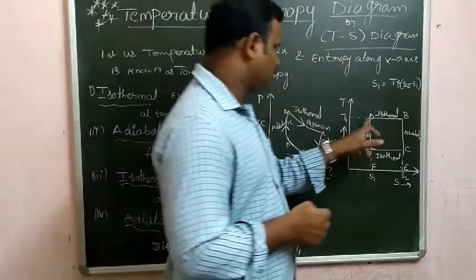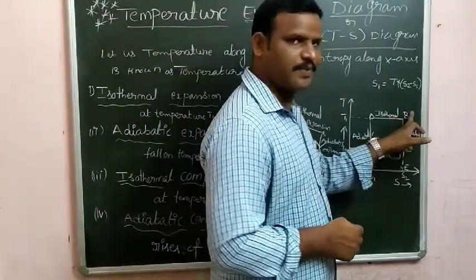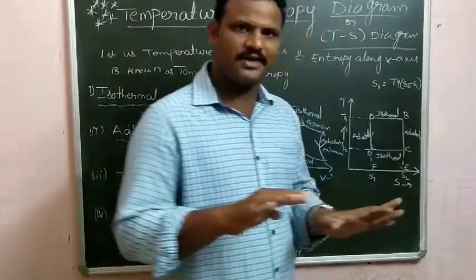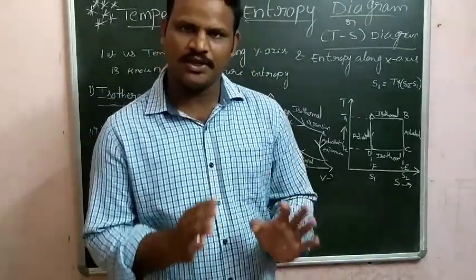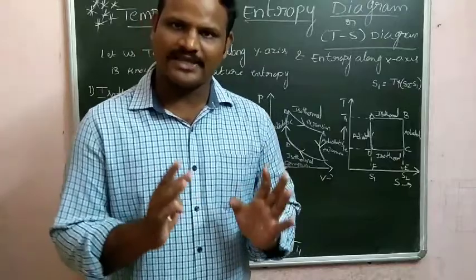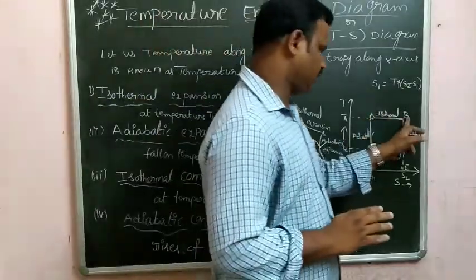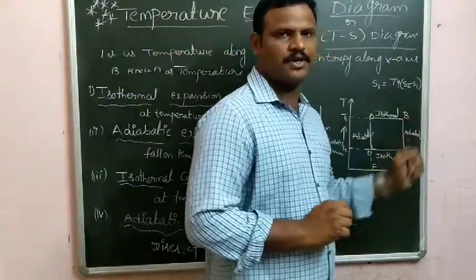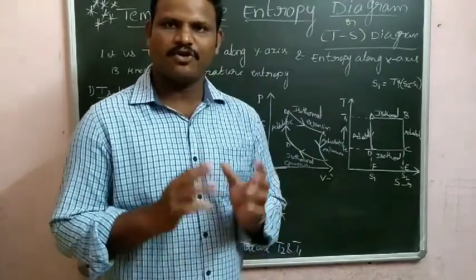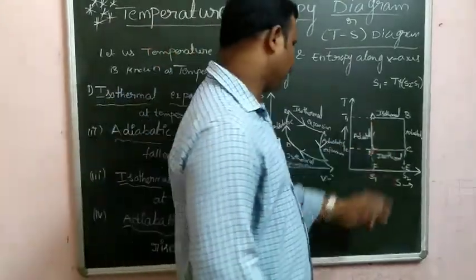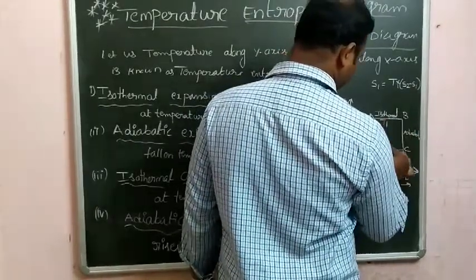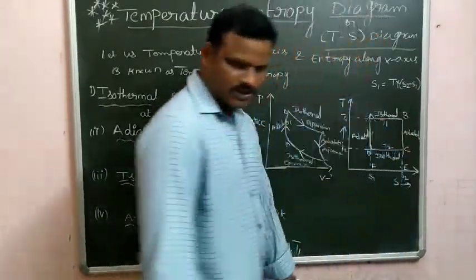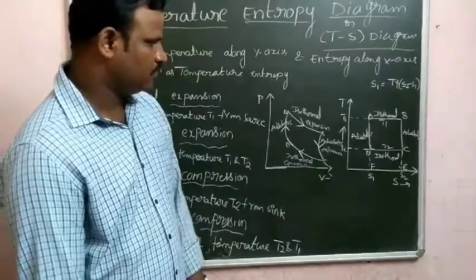AB is the isothermal expansion along a straight line AB in the diagram, during isothermal expansion AB at a constant temperature T1. T2, T1, T2.